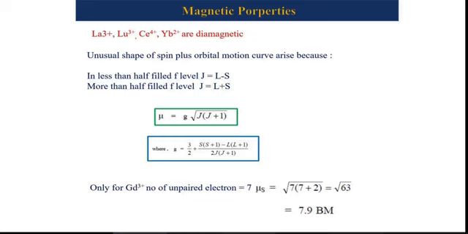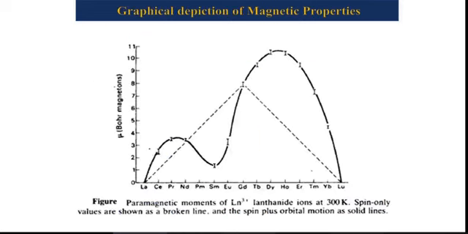You see here, the first thing that is clear is that in the case of lanthanides, spin as well as orbital both contribute. If their contributions were uniform, then this graph should increase linearly. Agreed?